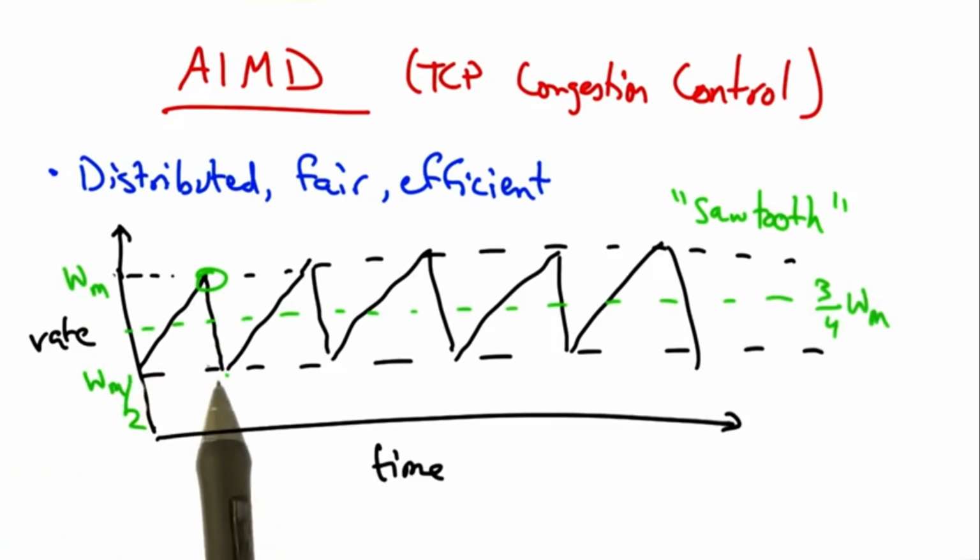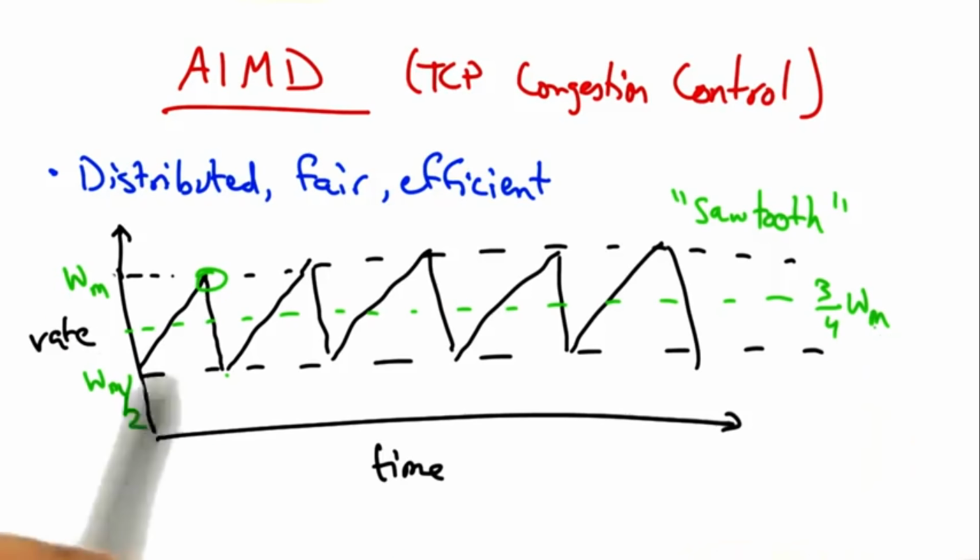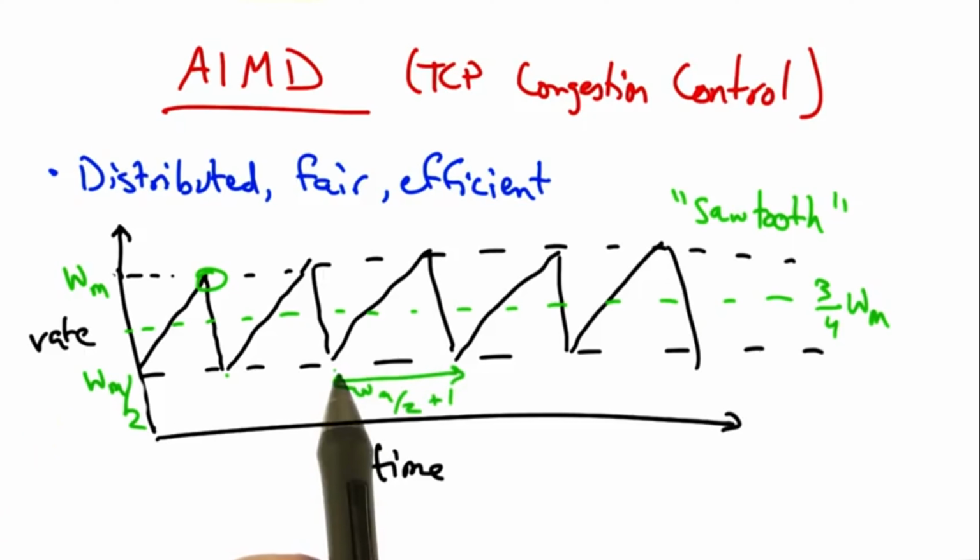You can thus see that a TCP sender sends at a sending rate shown by the dotted green line. That is halfway between the maximum window size at which the sender sends and half that rate which it backs off to when it sees a loss. You can see that between the lowest sending rate and the highest is Wm over 2 plus 1 round trips.